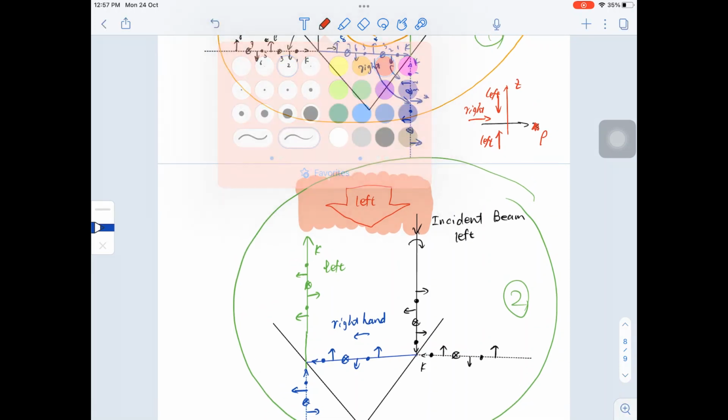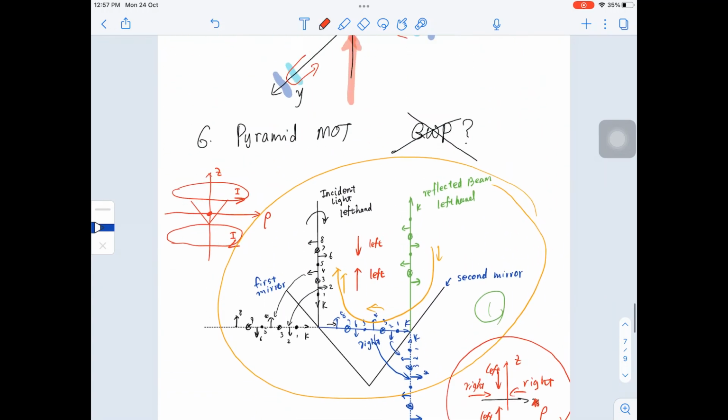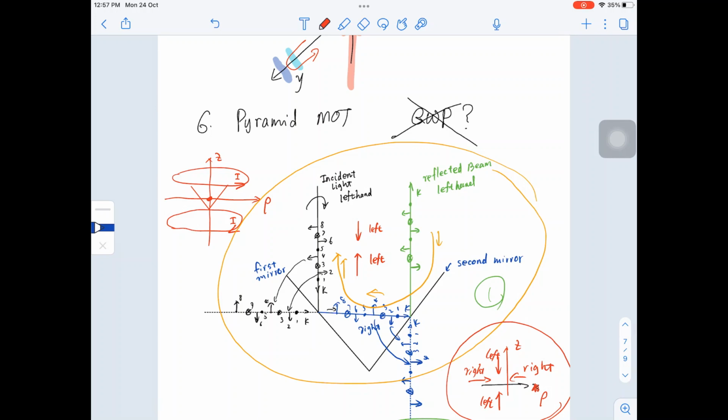Right. We can conclude this configuration is valid, and therefore we can form the pyramid MOT without the help of the wave plate, because it naturally forms the left hand counterpropagating and right hand counterpropagating.